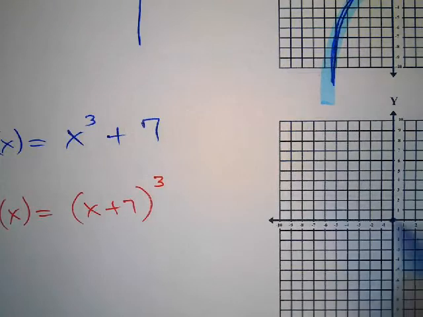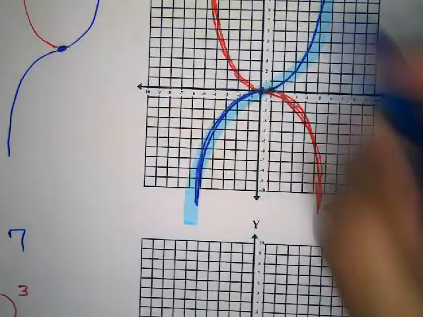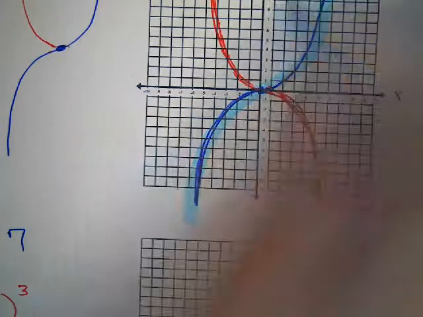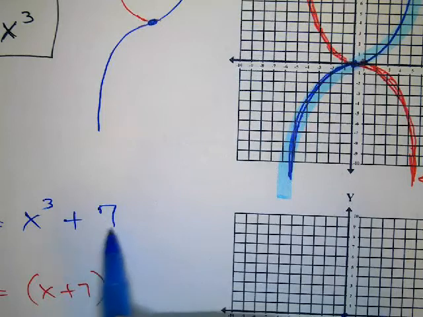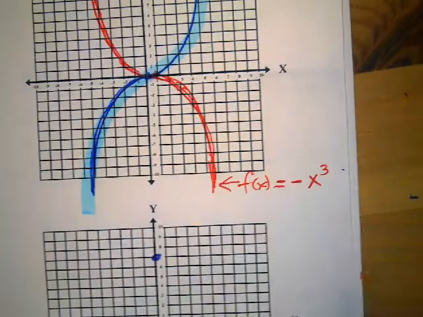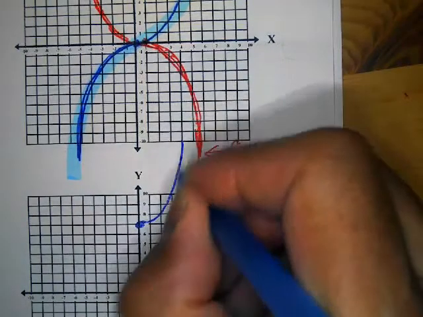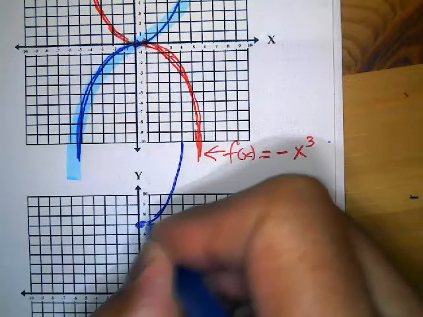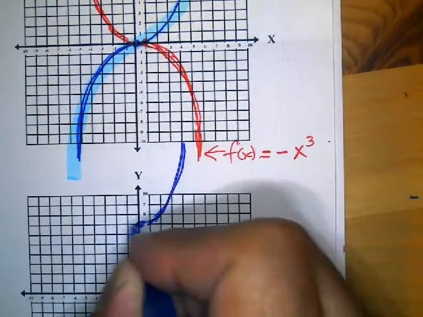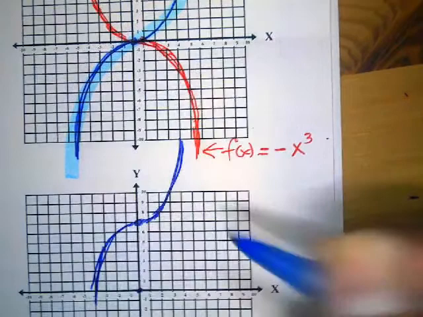This first one, x cubed, the vertex is there at the origin. And I'm going to take this one and I'm going to move the vertex what? Up 7. See, that's the 7's up separate here. So I'm going to go 1, 2, 3, 4, 5, 6, 7. It's going to be here. And then you graph this cubic function, right? Like half of a U this way, half of a U this way, right?